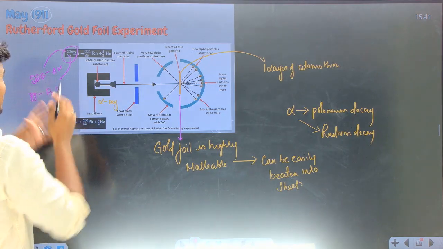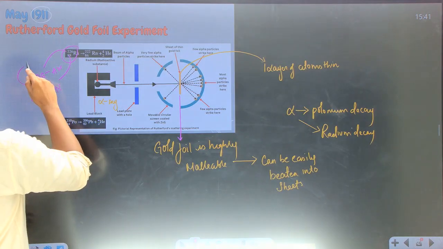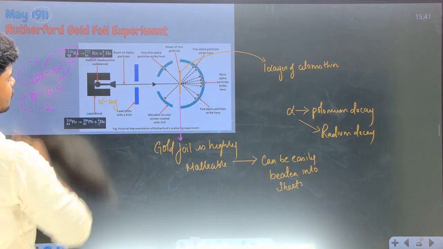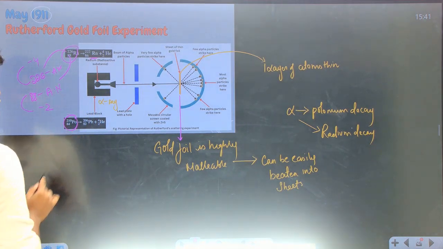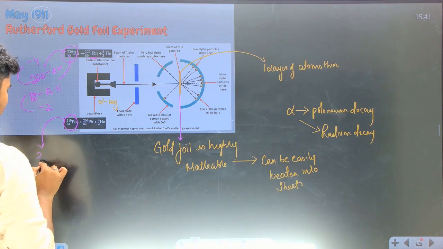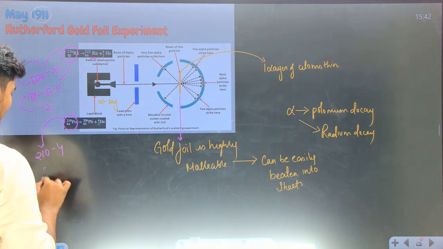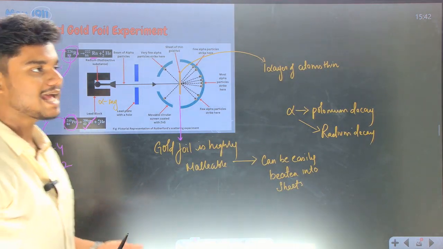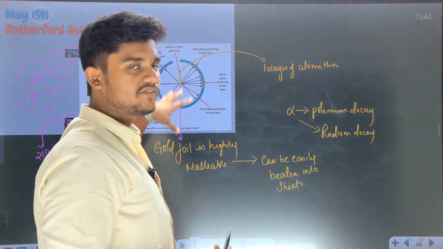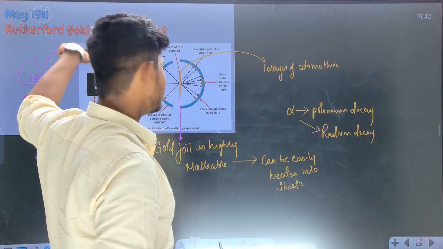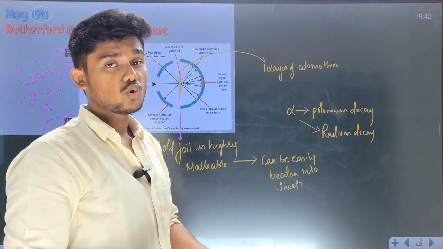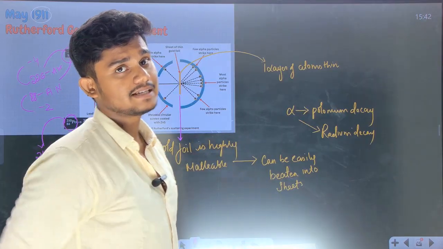When it decays, there would be -4 from the mass and -2 from the atomic number, which leads to radon formation. Similarly, in polonium, there is 210 -4 and 84 -2, which gives you Pb, that is 206 and 82. So these were the experimental equations for the alpha ray source as the radioactive materials decay.